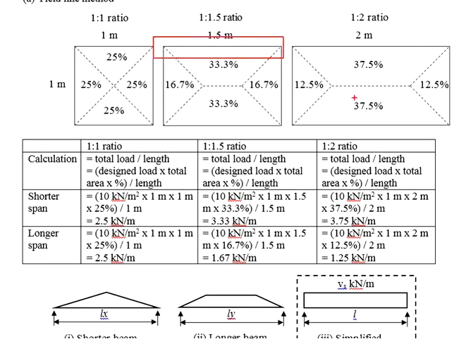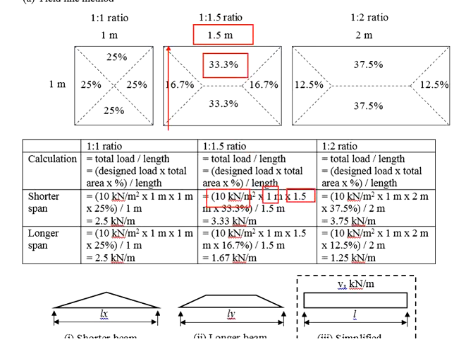Taking this beam as an example, your design load times the total area, which is 1 meter times 1.5 meters, multiply 33.3%, and then divided by the total length. That gives you 3.33 kilonewton per meter.